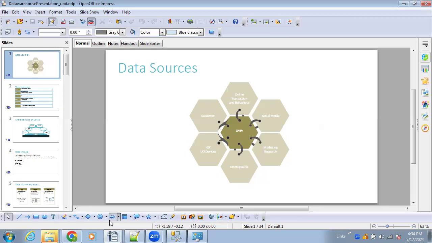Remember the difference between degenerate dimension and factless fact. In a factless fact, we are only storing the keys. In a degenerate dimension, we are storing the measures or metrics like number of units sold and total number of units available, which we split into a separate table and call a degenerate dimension.